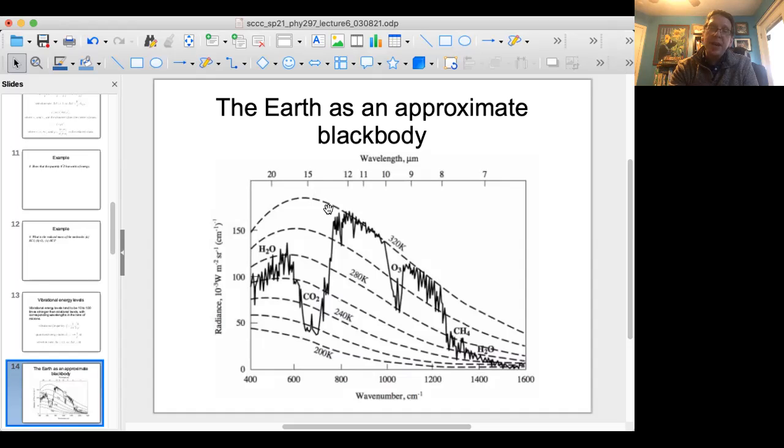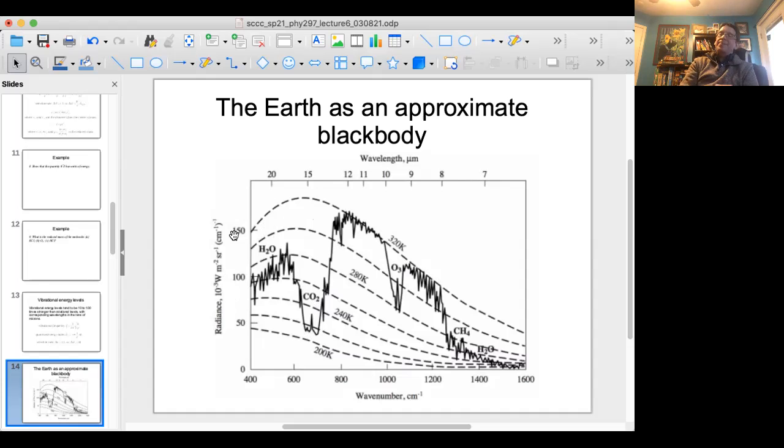Then at 15 microns, notice the sharp dip due to CO2, carbon dioxide. That's why carbon dioxide is the most important of the greenhouse gases. That corresponds to the peak, or close to the peak, of the Planck black body spectrum, at least if it's measured in terms of watts per square meter per inverse centimeter.